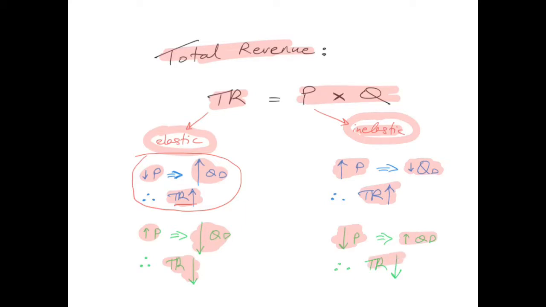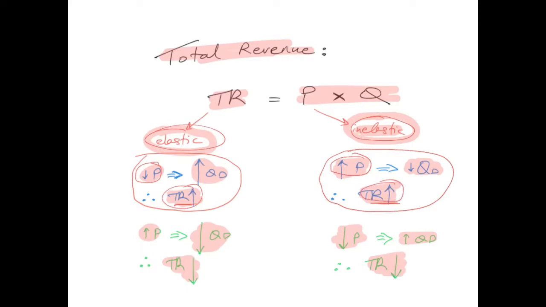So total revenue will actually fall. So if demand is inelastic, it's better for the firm to actually raise its price if it wants to increase total revenue. So if demand is elastic, it's better to lower the price if the goal is to increase total revenue. If demand is inelastic, it's better for the firm to raise the price if it wants to increase total revenue.